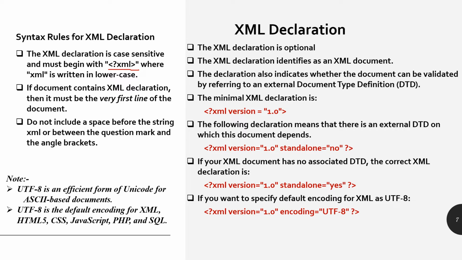That can be done using an external file in our system itself, or using other files you can access using a URL. Uniform resource identifiers are there. That way we can access the file. That is also the importance of the XML declaration.